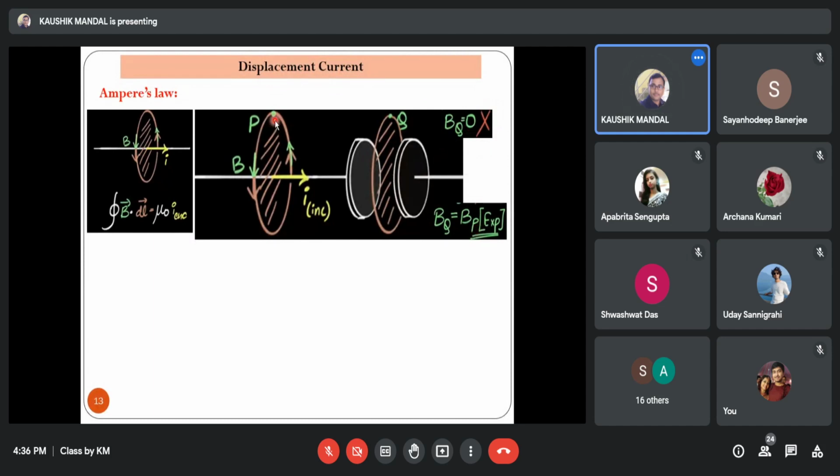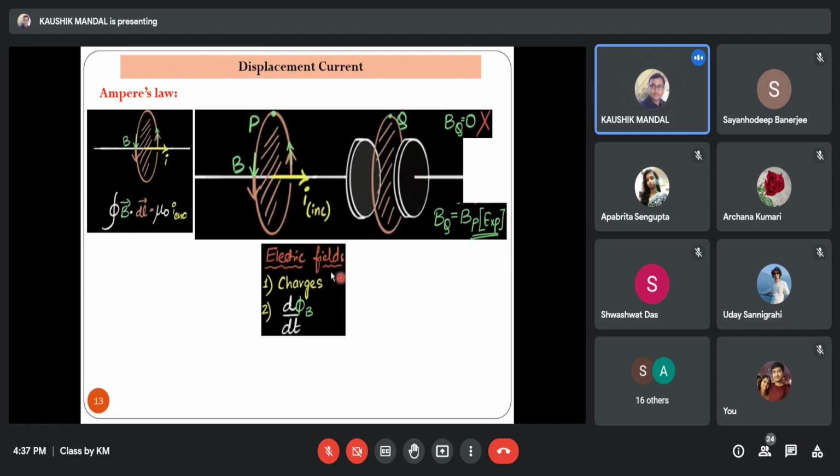Now the question is, why will the magnetic field at point Q be equal to the magnetic field at point P? You can't answer it directly by saying that it is due to the displacement current. You have to explain it. So first we have to find out what the sources of electric field are.